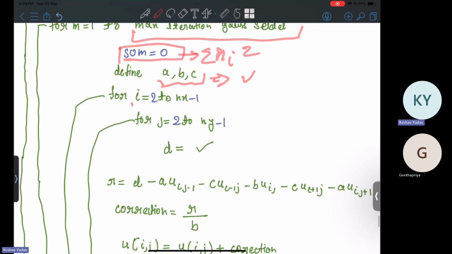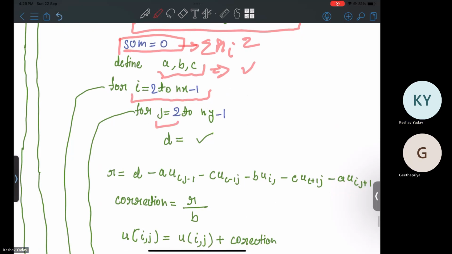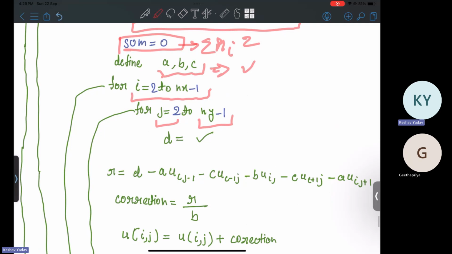Now I will go for the interior points only, since I already know the values at the boundary are 0. So i equal to 2 to nx minus 1. Similarly, j equal to 2 to ny minus 1. First, I will find the d value. D will be some function of u old. So u old is already known, so I will find this.